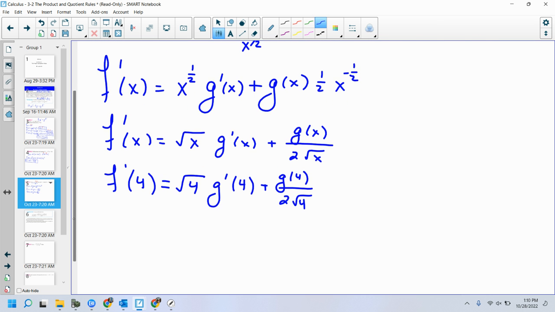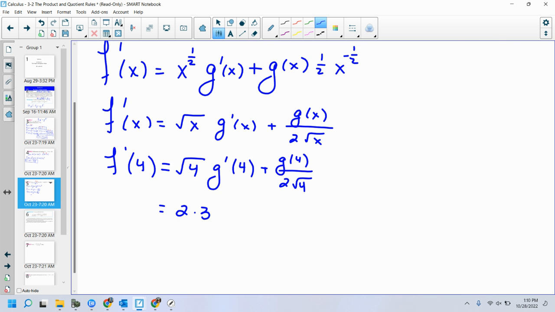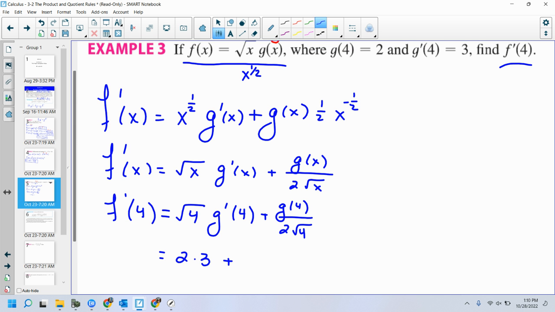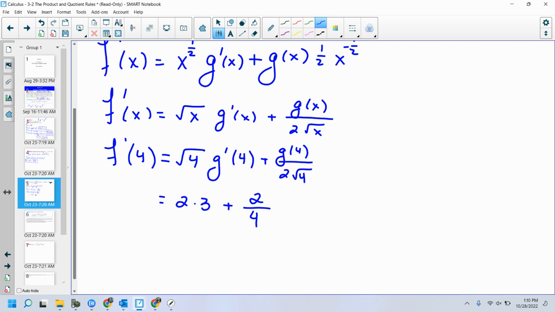Radical 4 is just 2. g prime of 4 is 3. g of 4 is 2. And then we have 2 times 2 in the denominator. So 4. So this is essentially just 6 plus 1/2, or 6.5.